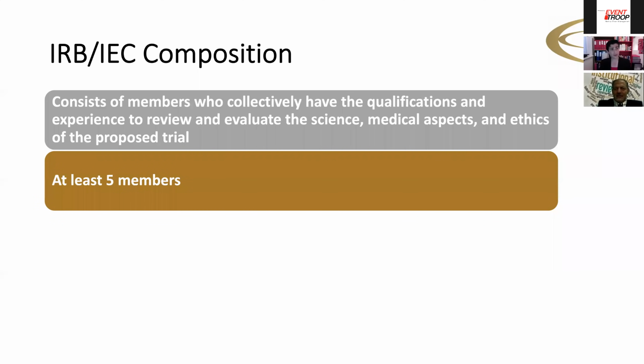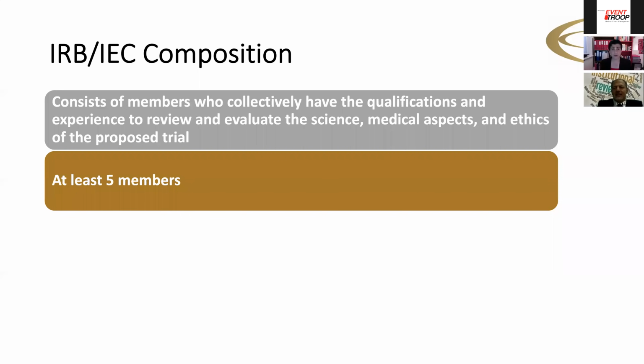How many should there be? GCP says there should be at least 5 members. So as a minimum, there should be 5 members in an IRB at any time point. ICH GCP gives this as a minimum. If you look around the world, the numbers vary considerably.